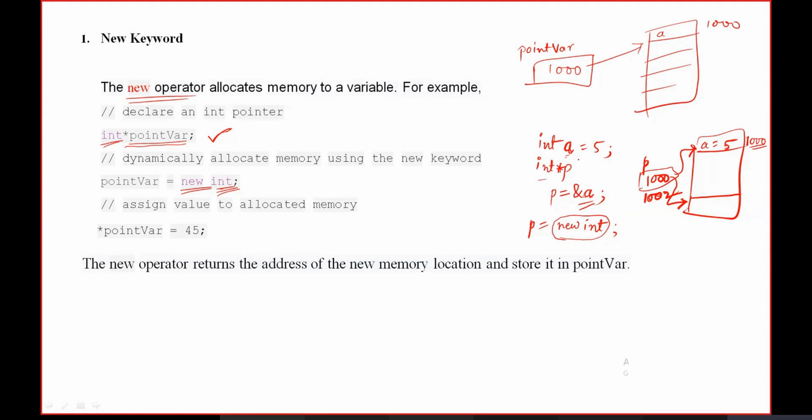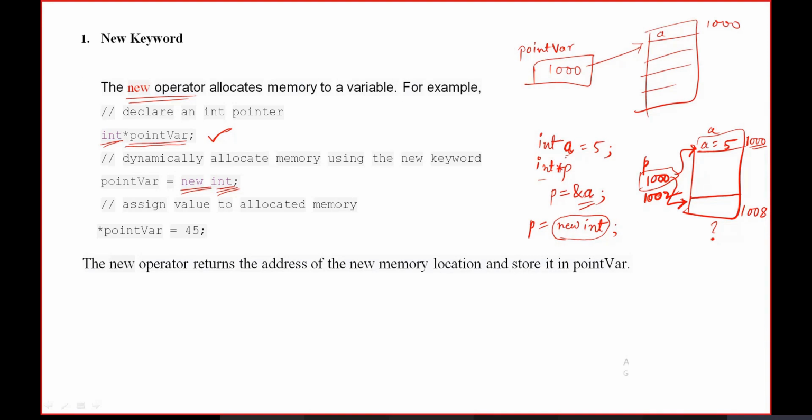Here the difference was I had a name for that location. The name was a. Over here, where p is pointing, this location is not having any name, but it is having some address. Let us suppose it is 1008. Right?